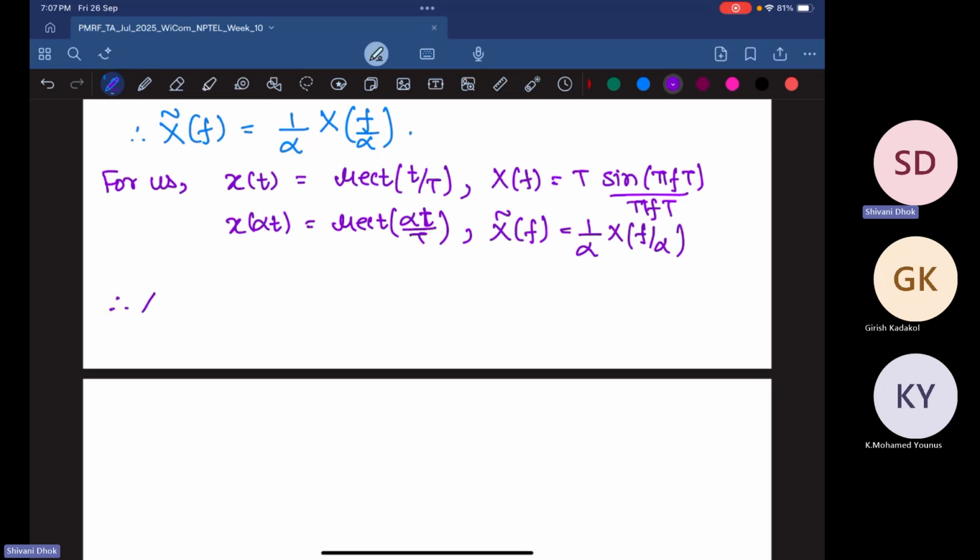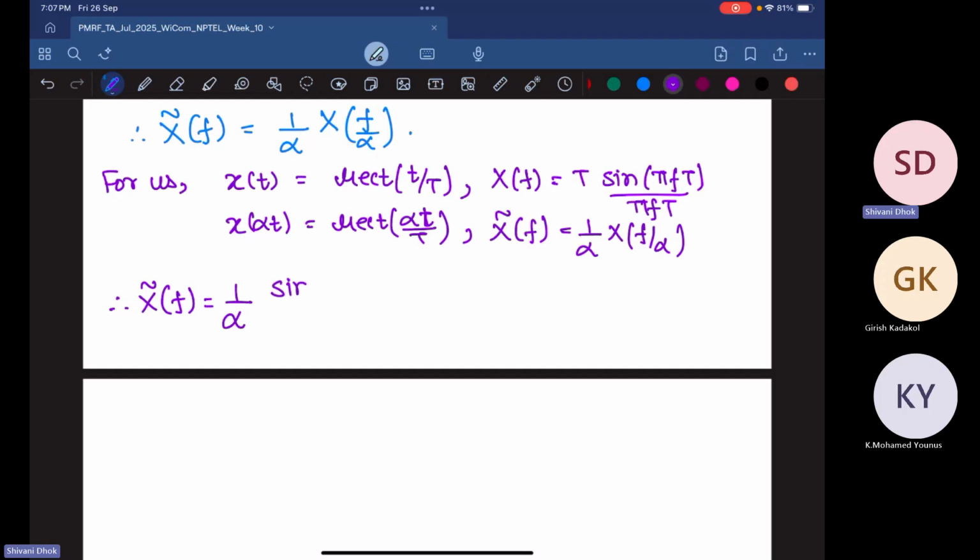So X tilde of f is 1 by alpha into X of f evaluated at f by alpha.